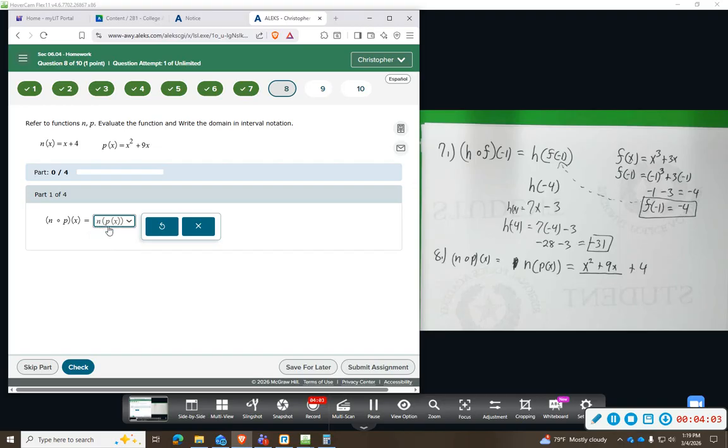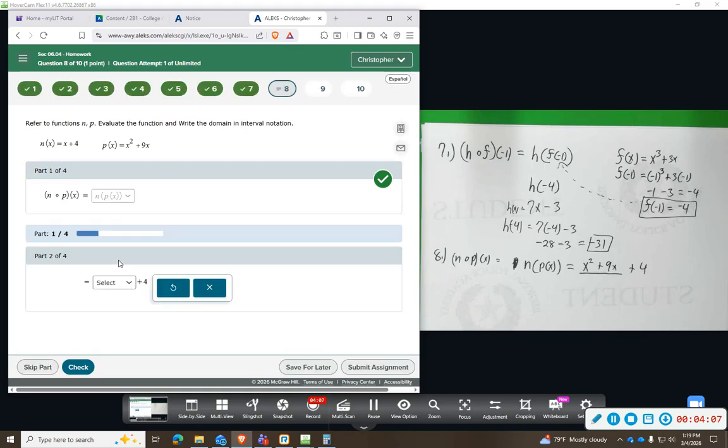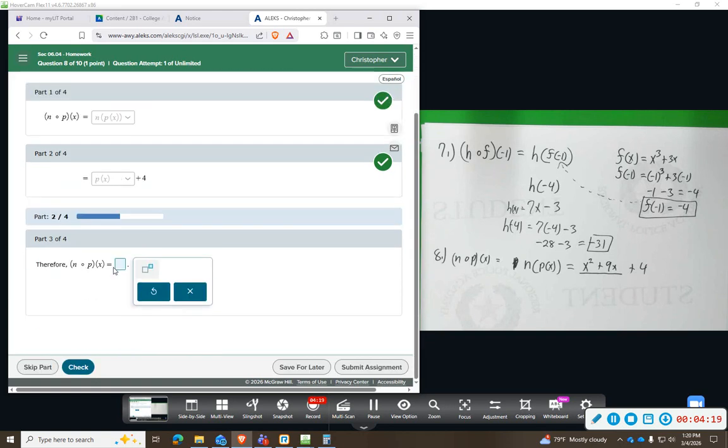First p of x, then plus 4, which is kind of what we have written down here, kind of going step by step, and then actually write it out. So we have x squared plus 9x plus 4.